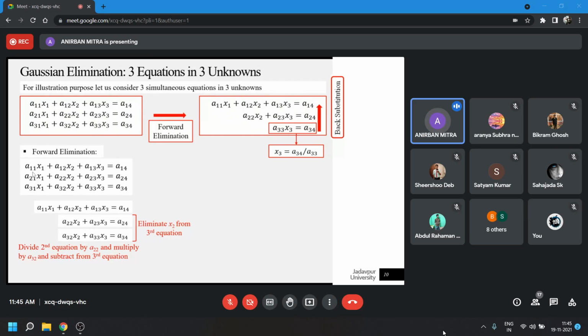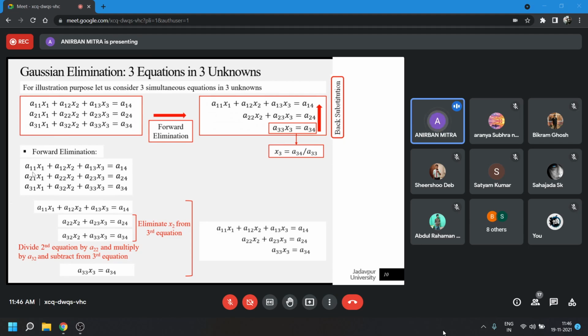The multiplier is a32 by a22. And once this elimination is done, you have this simplified third equation, a33x3 equal to a34. So that is the final form of the set of equations after the forward elimination has been carried out.